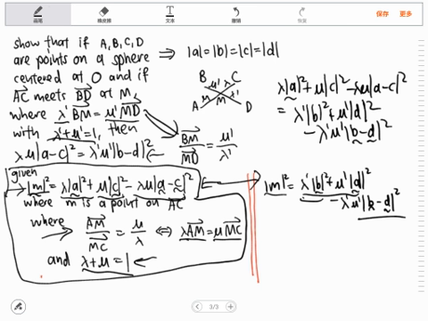Now since the points are all on the sphere, the origin is at the center of the sphere. From the origin to any point on the surface of the sphere, the distance is the same. That's why it's a sphere, like a ball. Any point on the surface of the ball to the center of the ball has equal distance.